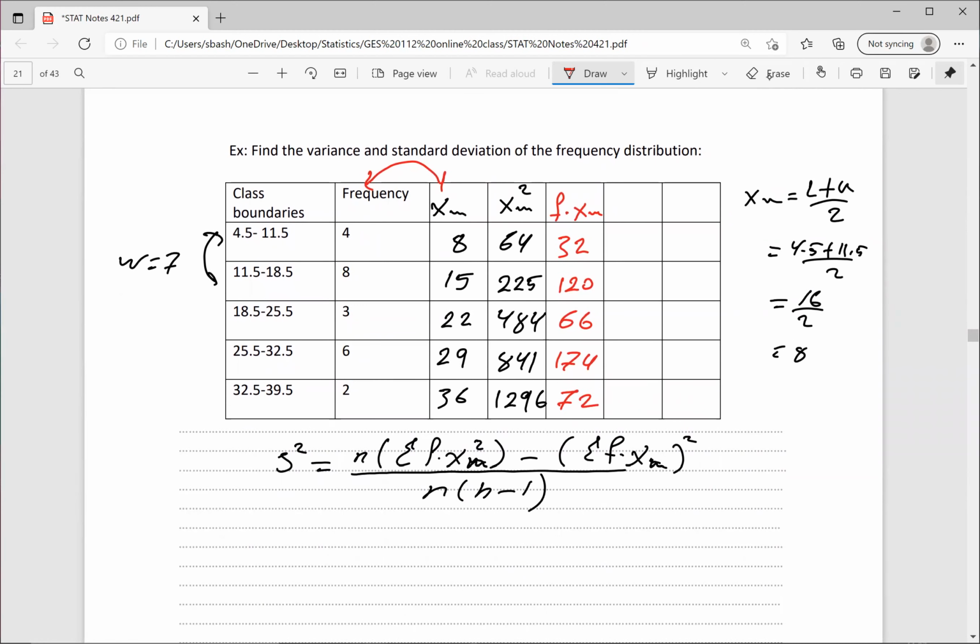For the sigma, we need to find the sum of this column. So I have 32 plus 120 plus 66 plus 174 plus 72. So it will be 464.